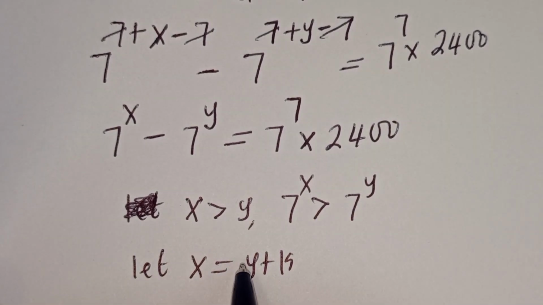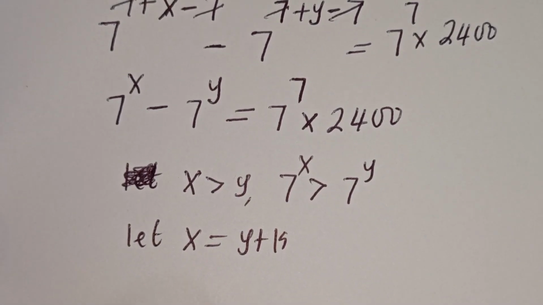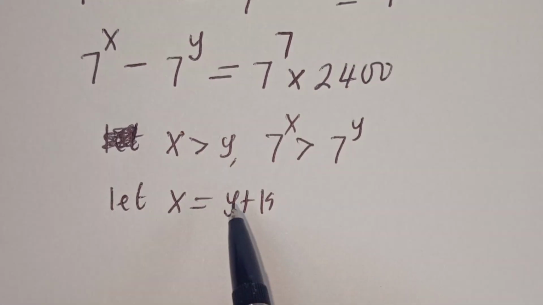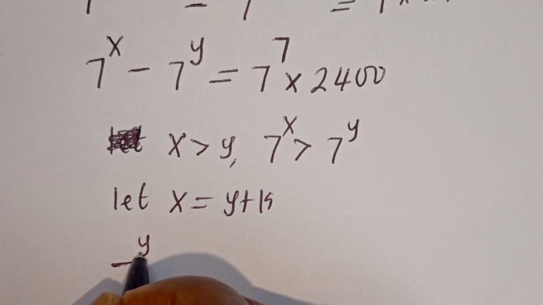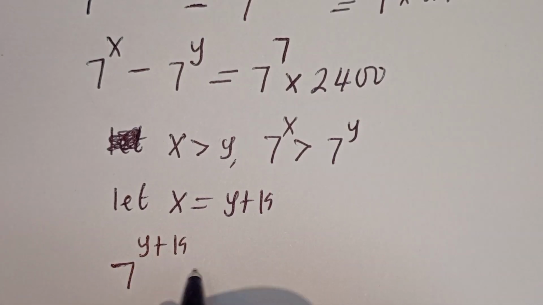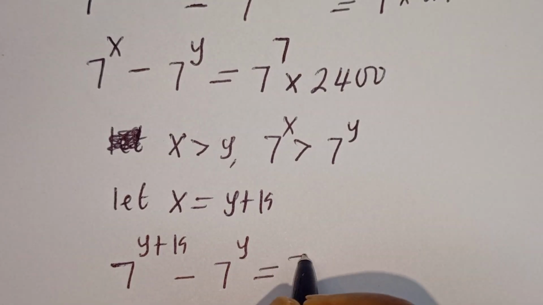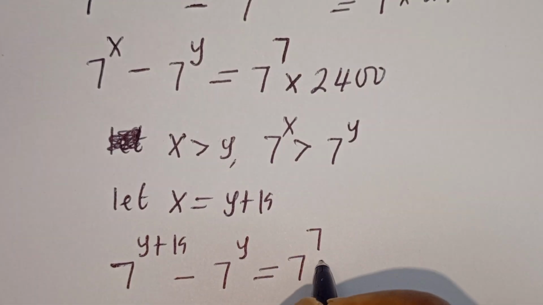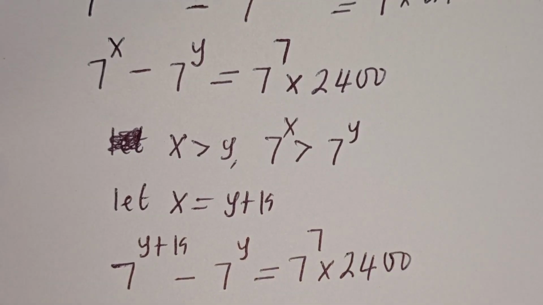Now, if x is equal to y plus k, we can substitute the value of x here. We have 7 to the power of y plus k minus 7 to the power of y is equal to 7 to the power of 7 multiplied by 2400.